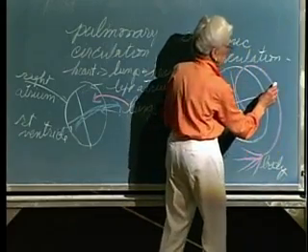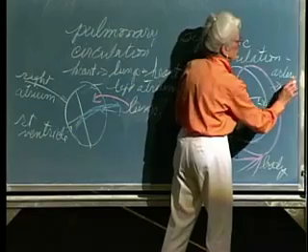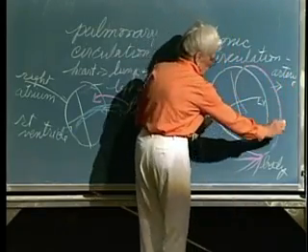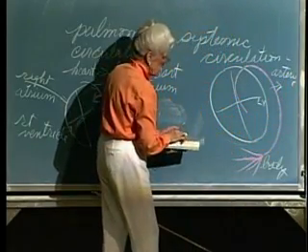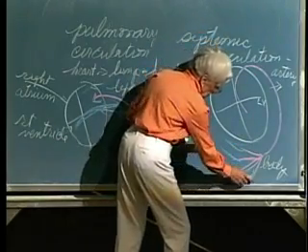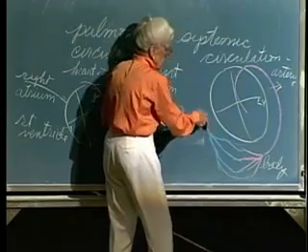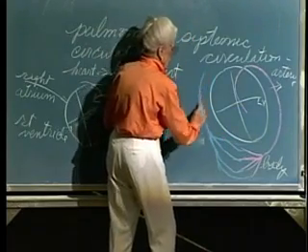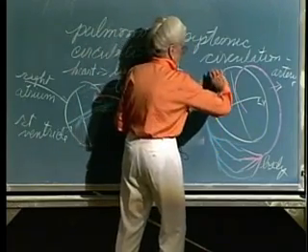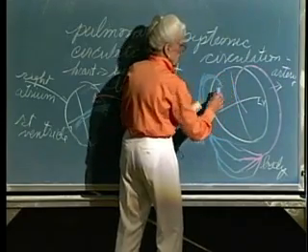This will be an artery, bringing oxygenated blood to the body. Then venous blood collecting, coming around, and coming into our right atrium.